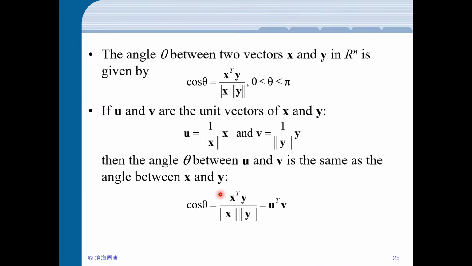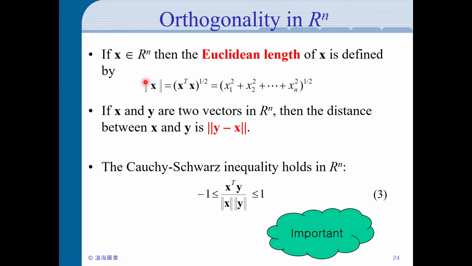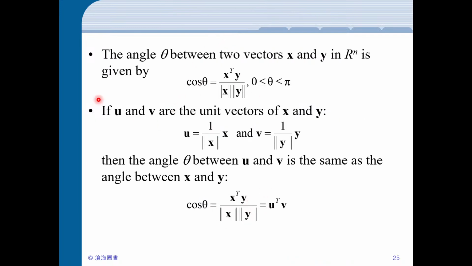We can define the angle between two vectors in Rn similarly to R2 and R3. Because of this inequality, if we define this as cosine theta, it makes sense, since cosine theta is between -1 and 1. So cosine theta is just x transpose y divided by the norm of x times the norm of y.